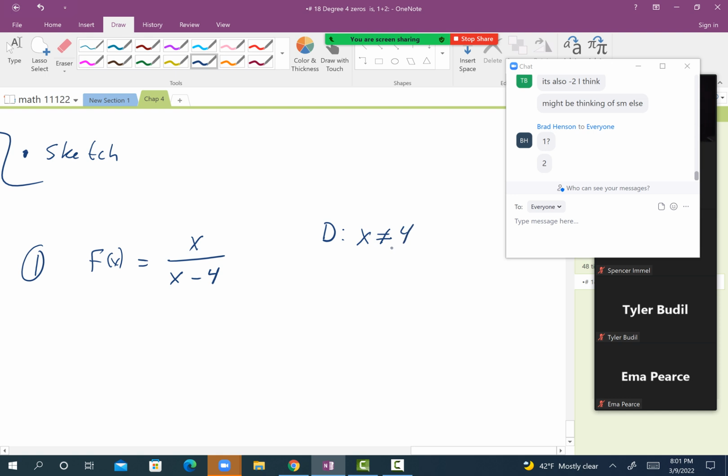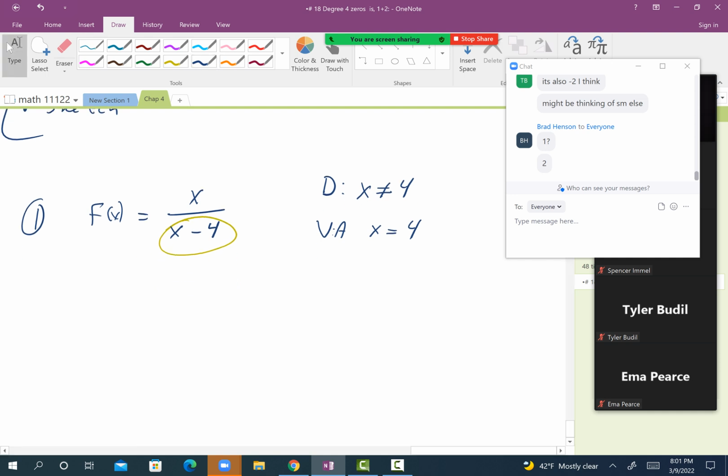We cannot have 0 on the bottom there. So our domain cannot include 4. Right away, you should be able to tell me that the vertical asymptote is at x equals 4. Notice how they're the same thing. Again, that's just because of what we talked about before we took our break. The function doesn't exist there. That's where your vertical is.